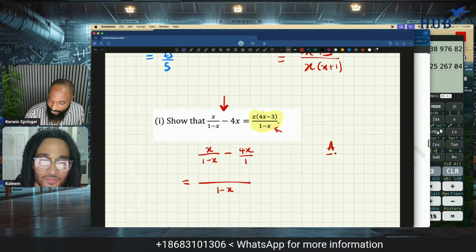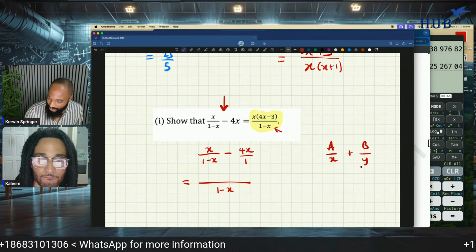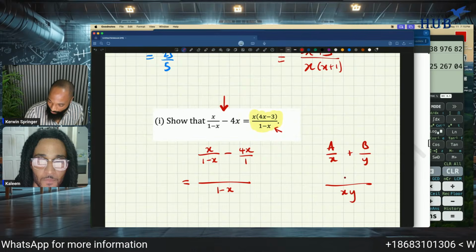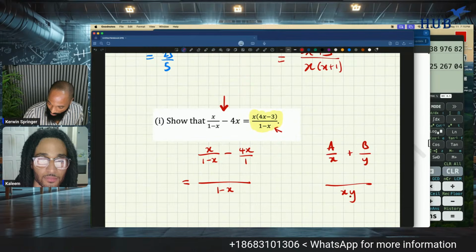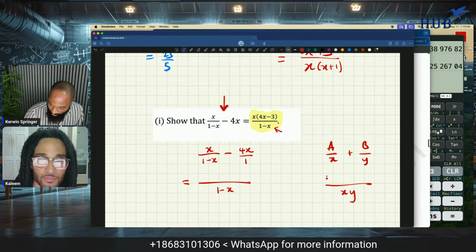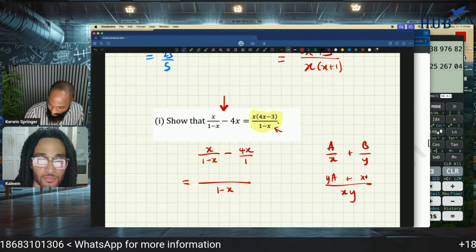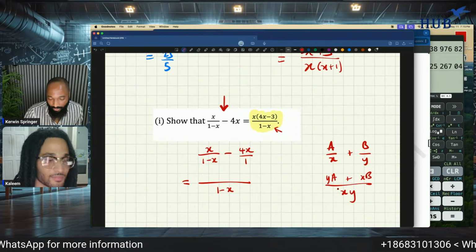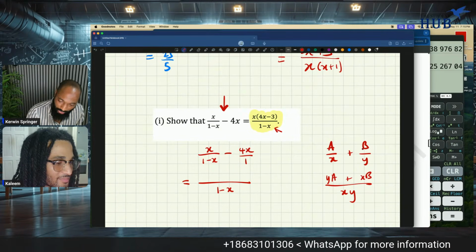Just remember this, people. Watch this flow. If I have x and y here, the LCM is x times y. When you go down into this, you'll come back up with the y, so the y will go by the a. When you go down into this, you'll come back up with the x, so the x will go by the b. Let me show you what I mean with numbers.